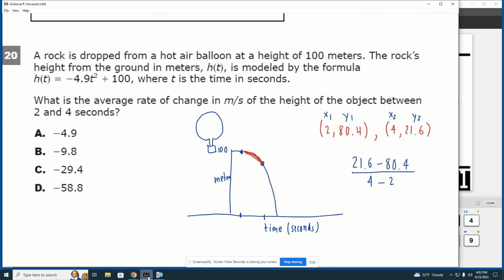So 21.6 minus 80.4 is going to be negative 58.8. And of course, 4 minus 2 is 2. If you type that in a calculator, you're going to get negative 29.4. My average rate of change from 2 seconds to 4 seconds is negative 29.4 C.